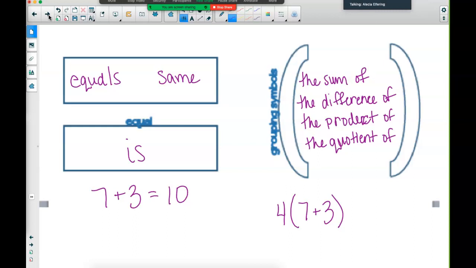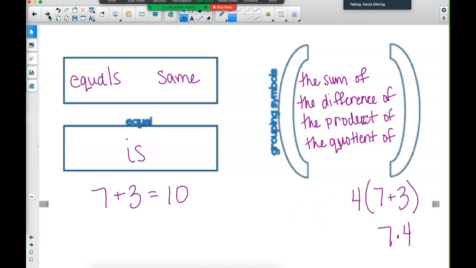Now, just because you use those phrases doesn't mean you have to use parentheses. If I say the product of 7 and 4, well, that's just 7 times 4. Do I have to put parentheses around that? No, because that's all that's there. I could. Is it wrong if I put parentheses there? Does it change the answer? No. But keep in mind, if it's not necessary to have them there, then don't put them there.